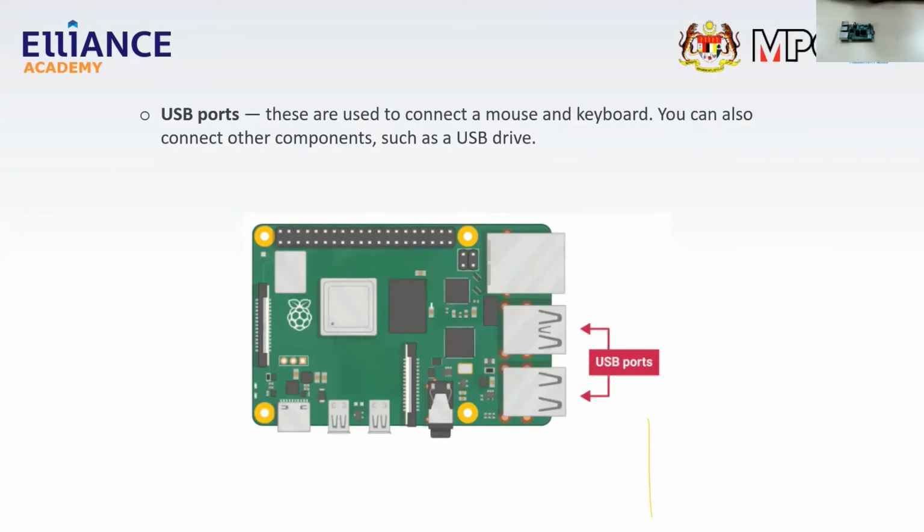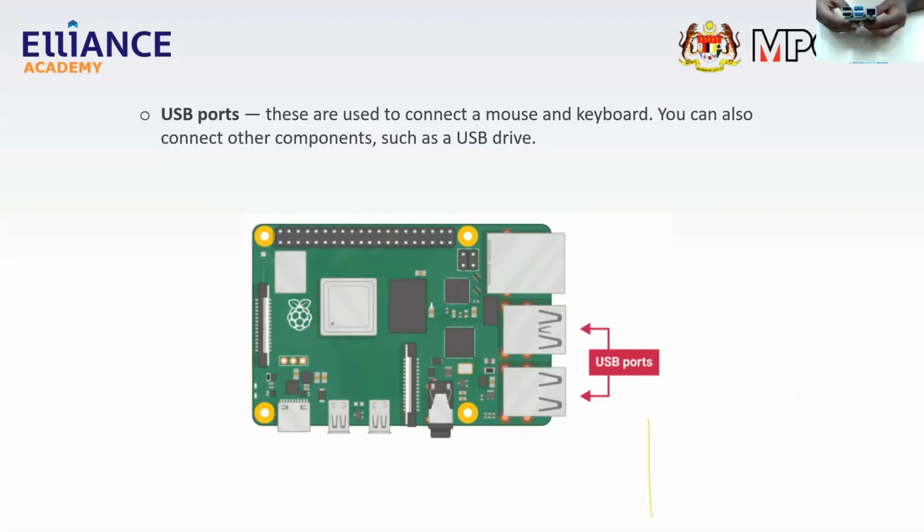Right. Then we have the USB ports. We can see here on the Raspberry Pi, we have 1, 2, 3, 4 USB slots. So what are these slots for? This is used to connect to our mouse and also keyboard. There's a total of 4 USB ports here.